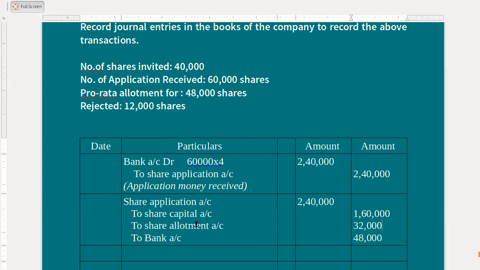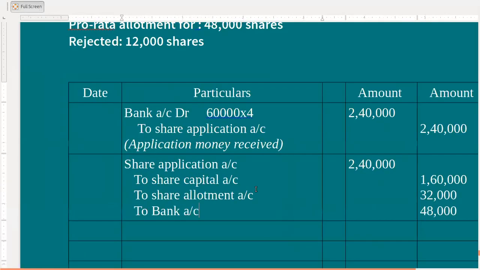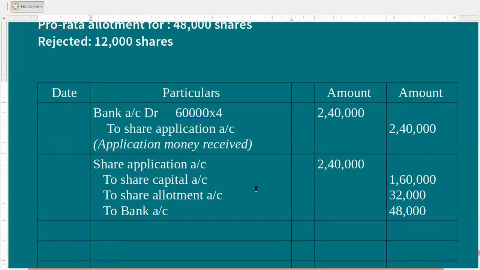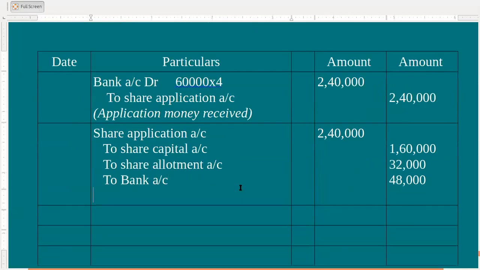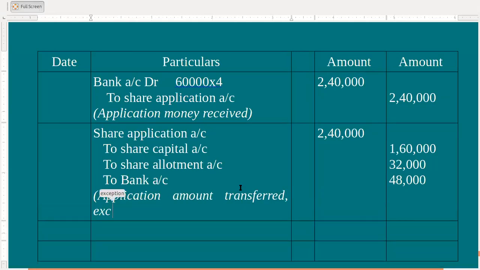What narration can you provide here? Application amount transferred to share capital, and excess money to share allotment.